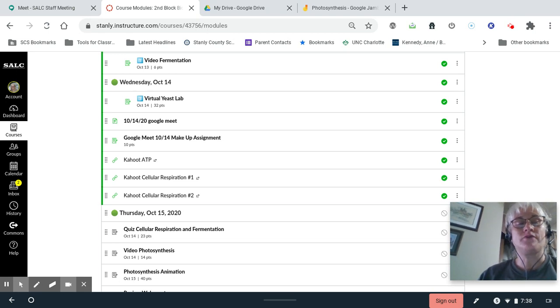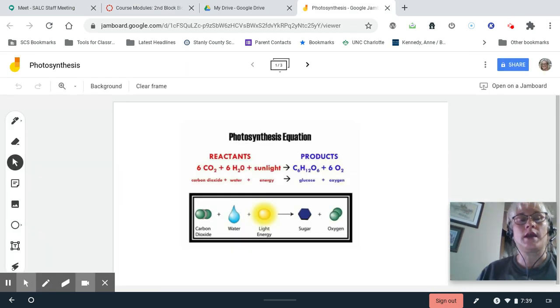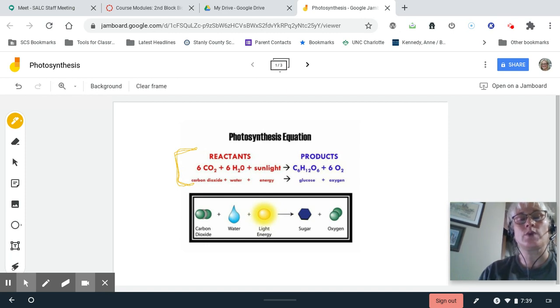then go into photosynthesis. So I want to switch back over here and I want to talk a little bit about photosynthesis. I want you to first look at the formula we have here, this part right here. Notice it looks very similar to respiration. If you flip the respiration equation over, you would have photosynthesis.